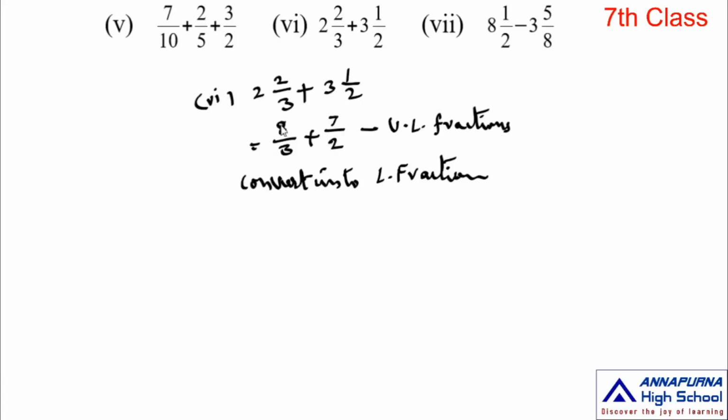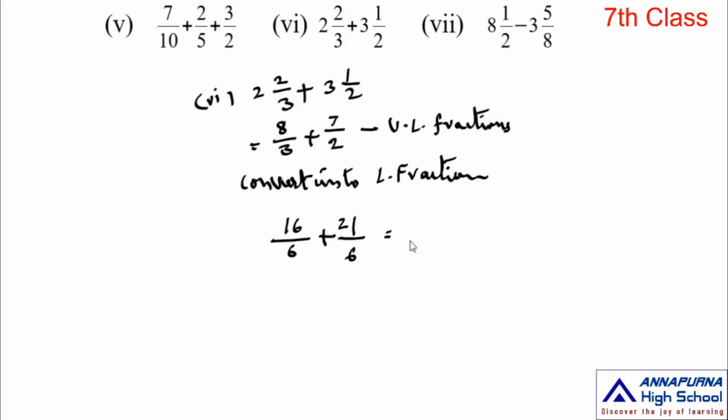By cross multiplication, 2 8s are 16 by 2 3s are 6 plus 7 3s are 21 by 2 3s are 6. Cross multiplication means multiply numerator and denominator of the first fraction by the denominator of the second fraction, and in the second fraction multiply numerator and denominator by the denominator of the first fraction.